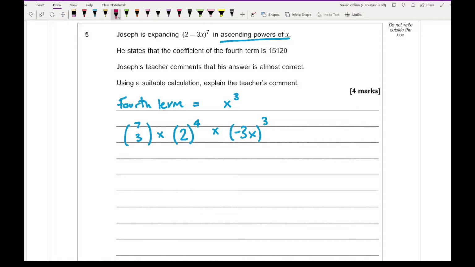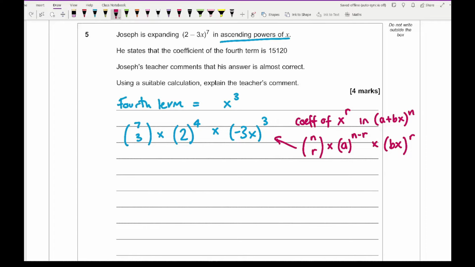Now if you're not sure where that's come from, well, if I'm looking for the coefficient of x to the power of r, then in, let's say, a plus bx to the power of n, it's going to be n choose r, using the nCr function on your calculator. It's going to be the first term to the power of n minus r multiplied by the second term, which will be your coefficient, which will involve your x to the power of r. So if I substitute those values into this, this is what I get.